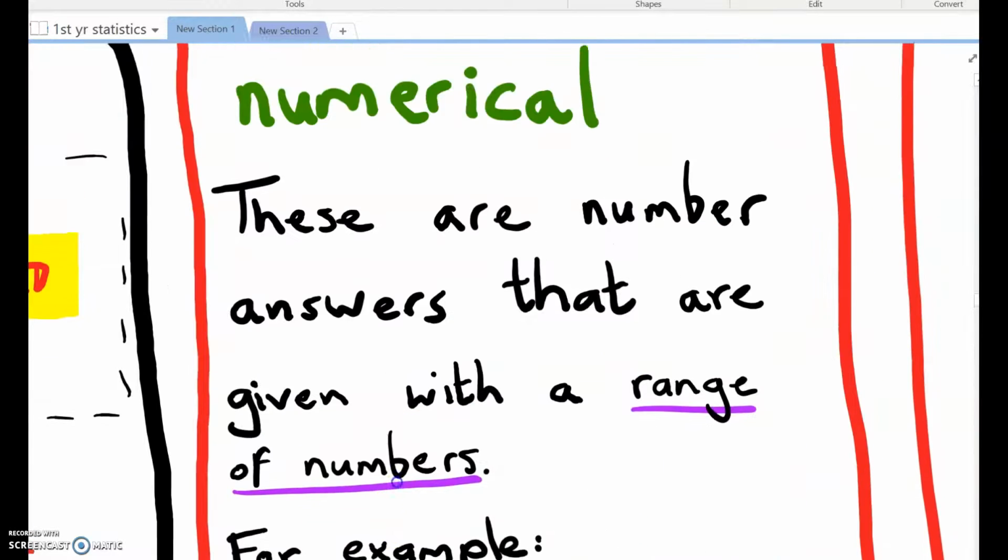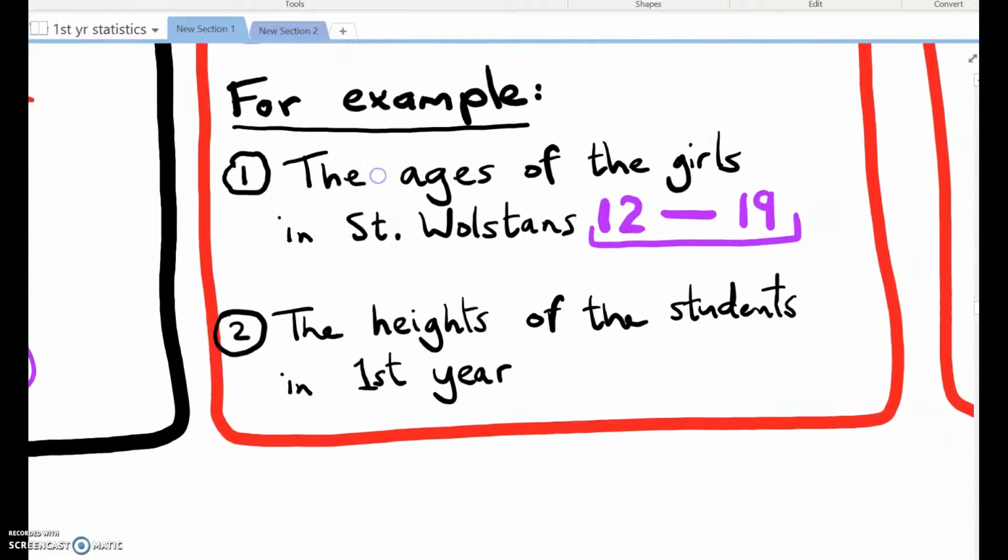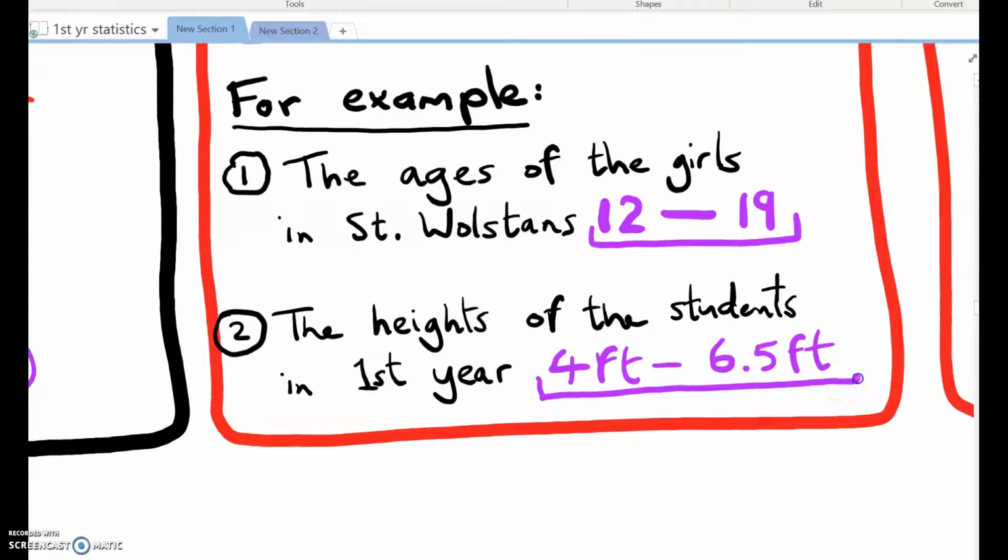Another example of continuous numerical would be if I asked, what are the heights of the students in first year? Well, roughly speaking, they are between 4 foot up to 6.5 foot. There is nobody that is smaller than 4 foot and nobody bigger than 6.5 foot.